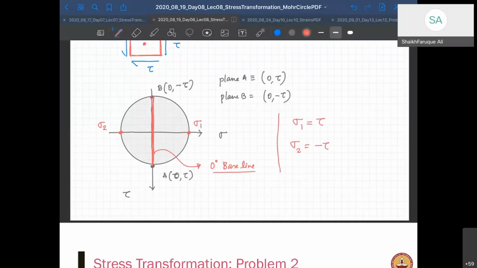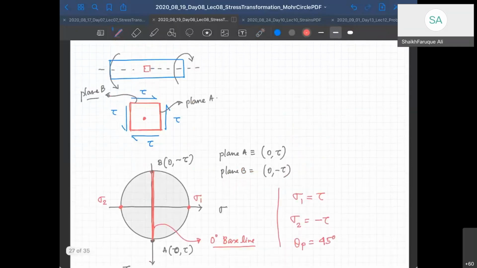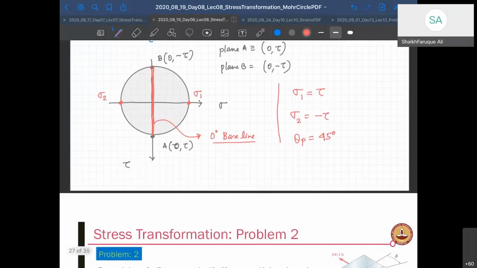And it makes an angle theta p. How much is theta p? Here it is 90, so it's going to be 45 degree. So you could remember that the failure happened at 45 degree. The principal stress was maximum at 45 degree, nowhere else, and therefore it fell from that line.